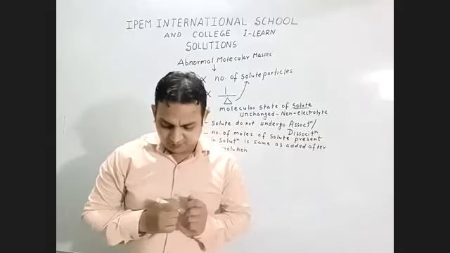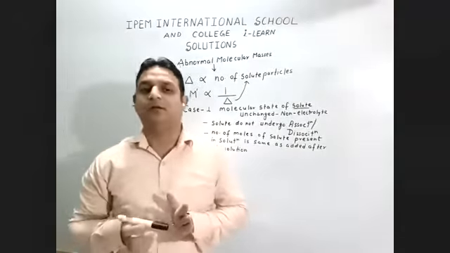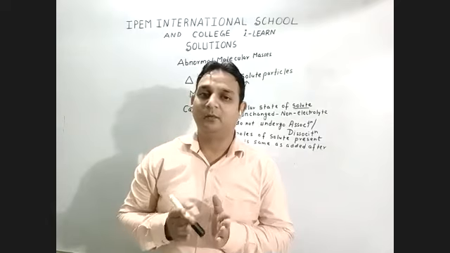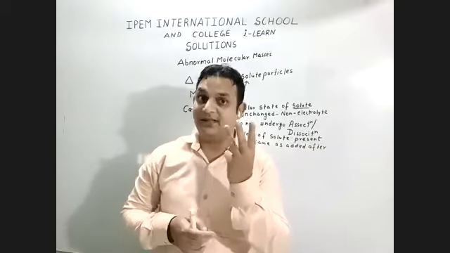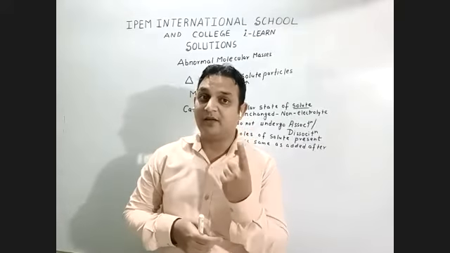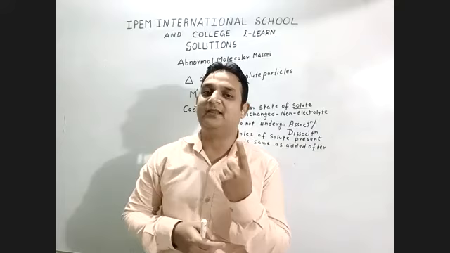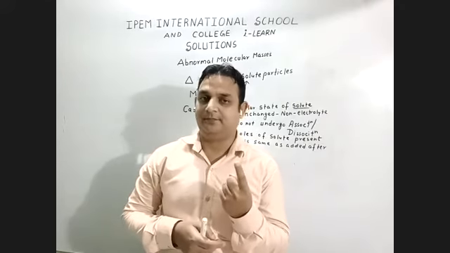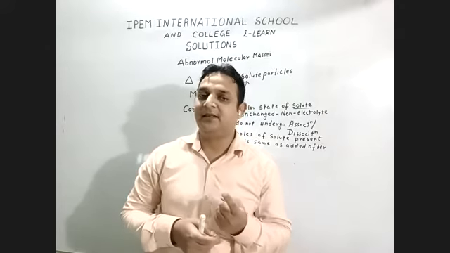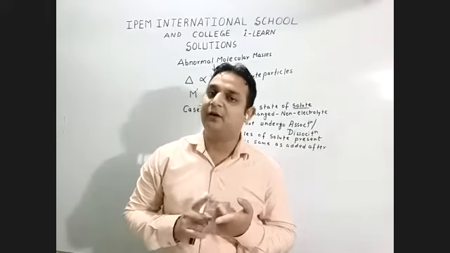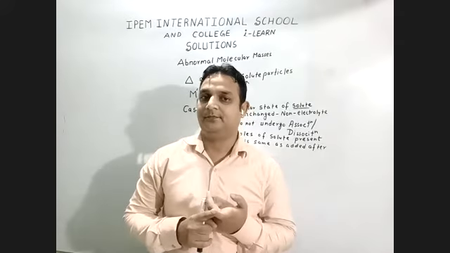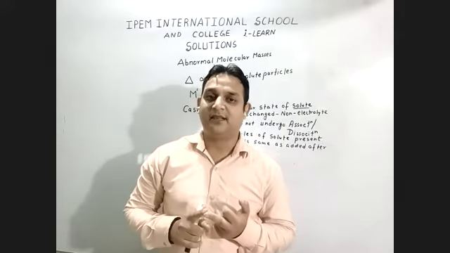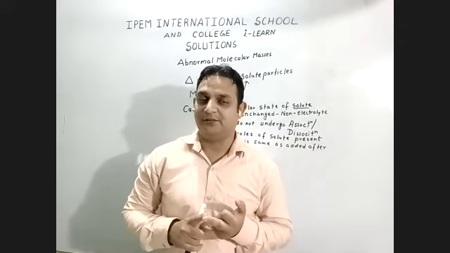So this is the cause for not getting abnormal molecular masses. Three conditions are there. When the molecular state of the solute remains unchanged in the solution, it means it neither associates nor dissociates, and the number of solute particles will remain the same before and after dissolution.